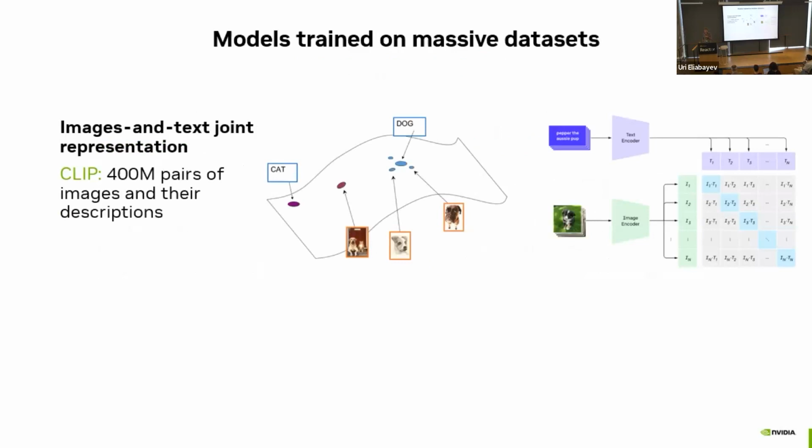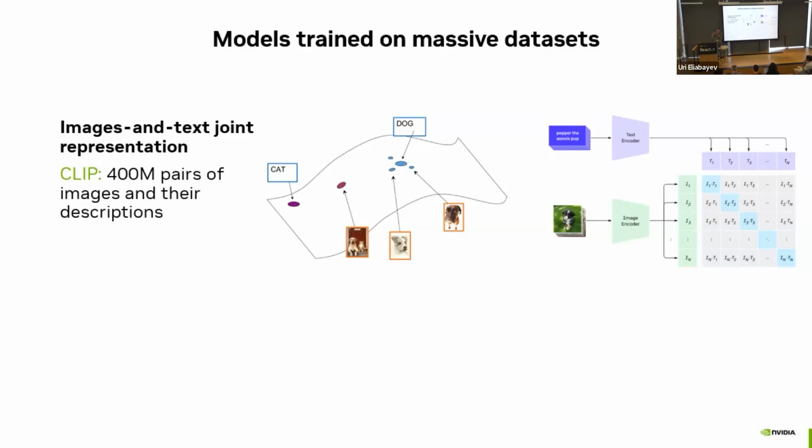And in vision, let me highlight two foundation models. One is called CLIP, and this is basically a representation of images and text. The idea is that you find a joint embedding space of words and images, and you take a large data set of 400 million images with their descriptions.